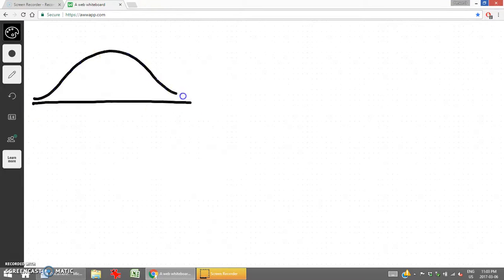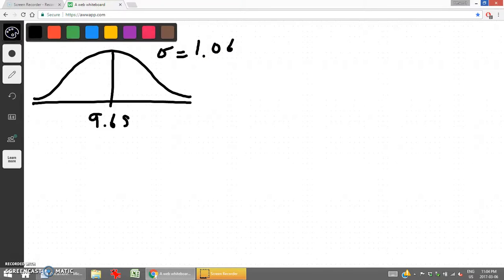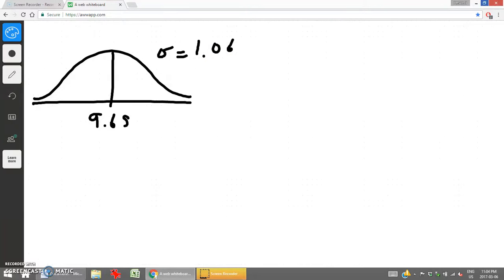Let's go to draw this out. Let's start off with normal distribution. The average is 9.65 kilograms and has a standard deviation of 1.06 kilograms. The question states to determine the percentile of a child weighing 10.5 kilograms.